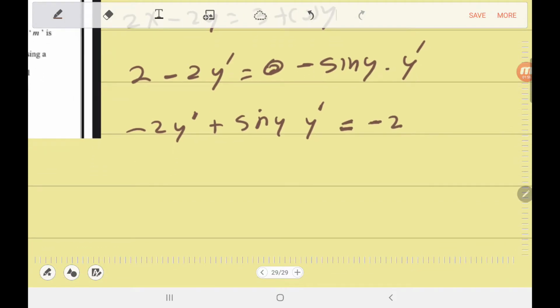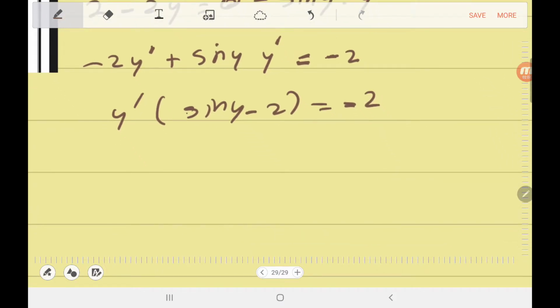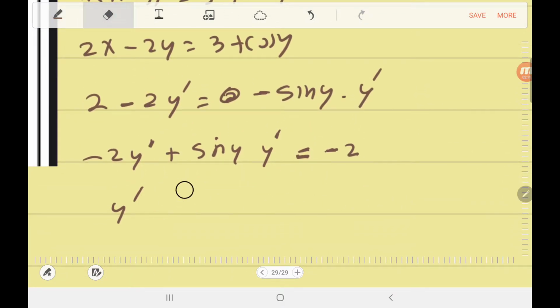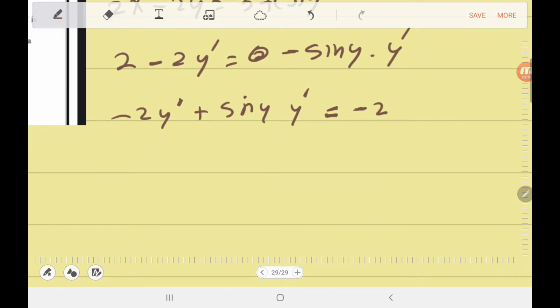So in this case we will take y prime as common factor, so y prime times sine y minus 1 equal minus 2. Or we can continue, because I don't want to simplify it, I just want to check the concavity. So minus y prime plus sine y y prime.